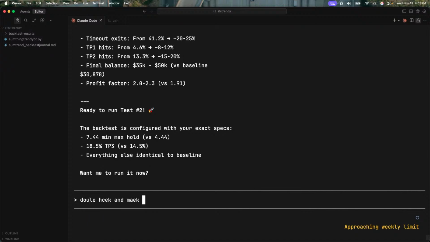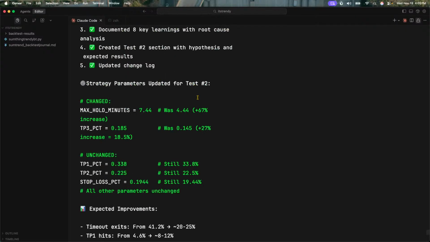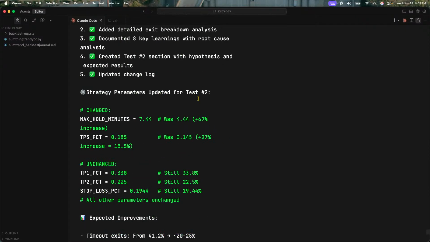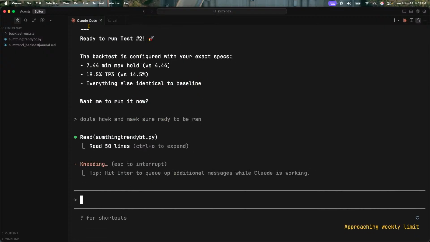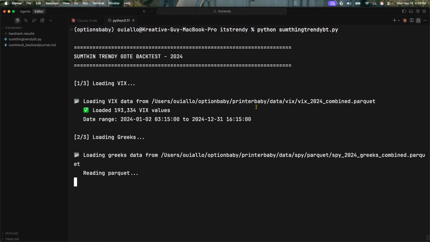Double check and make sure it's ready to be run. All right, and everything else is the same. Perfect. Now let's run it. Let's run our backtest. I'm keeping it on 24, and then after this, we're going to run it on 23.